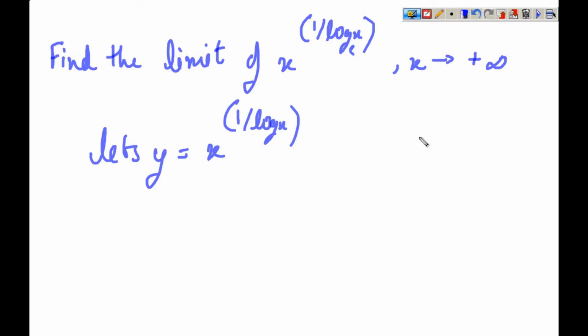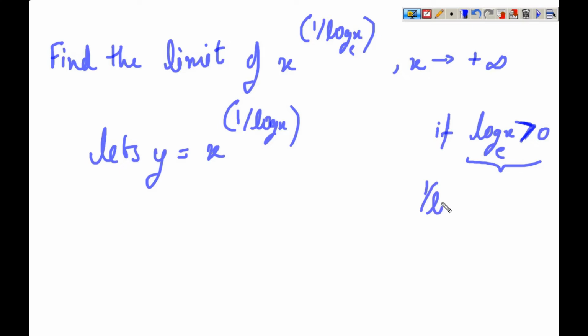Now, log of x is greater than 0. We know that the range of log of x is greater than 0 here, so that means it's on the positive side.